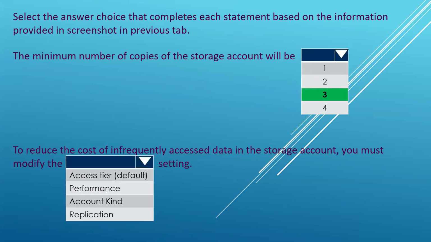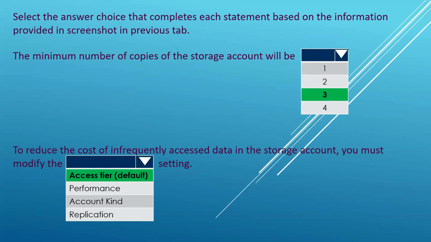Now, the next statement is to reduce the cost of infrequently accessed data in the storage account, you must modify the access tier setting, performance setting, account kind setting, or replication setting. The correct answer here would be access tier as it has the cool option to store infrequently accessed data.